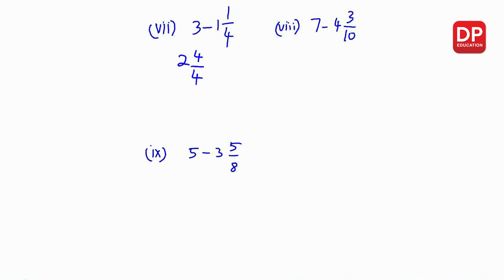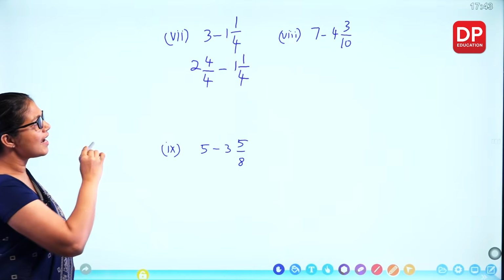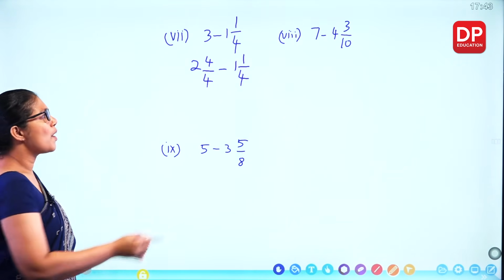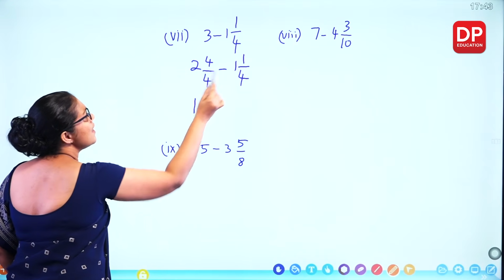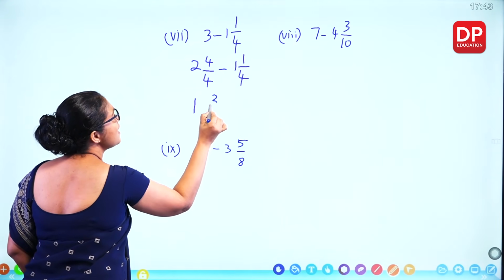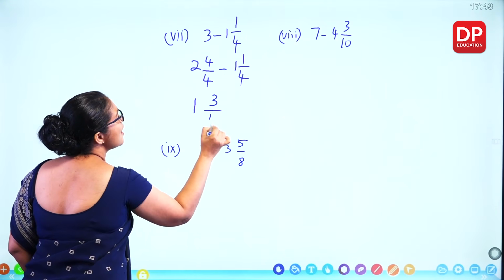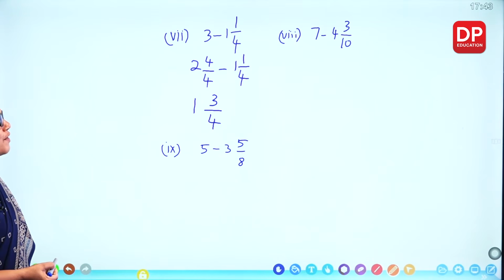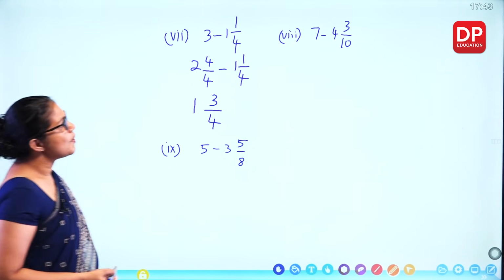So 2 and 4 over 4 becomes 3. And I can write this one as 1 and 1/4. Then I can see I get whole numbers here. I can subtract. 2 minus 1 is 1. Then subtract these two fractions. 4 minus 1 is 3. And you get the same denominator. So what's the answer here? 1 and 3/4.